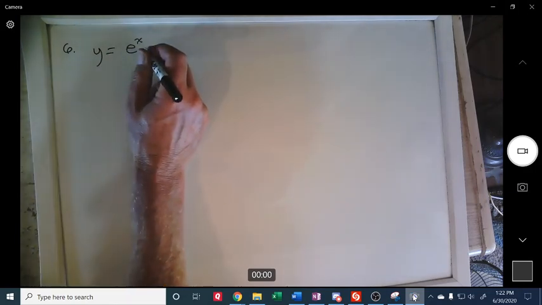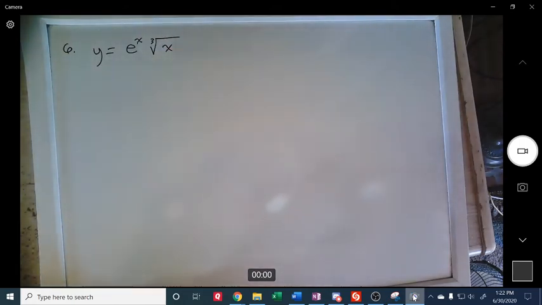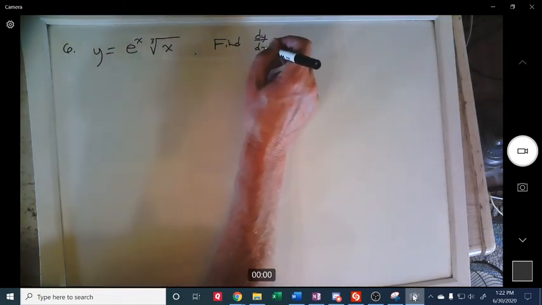Let's do another problem. I think that was 5, so then this is 6. y, well, let's just say y equals e to the x times the cube root of x, and find dy dx.